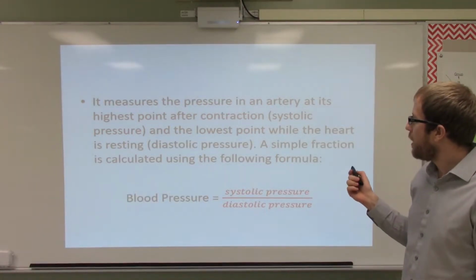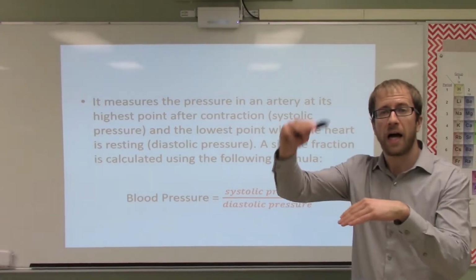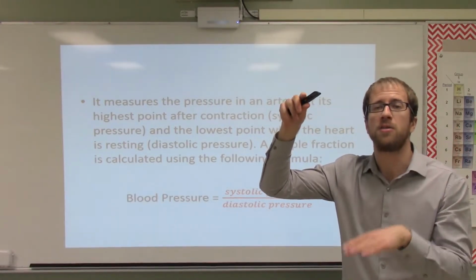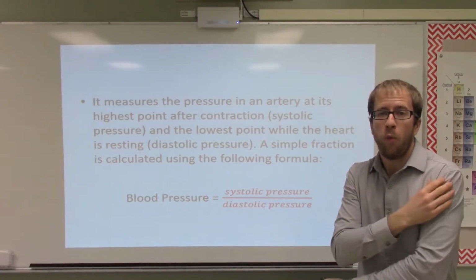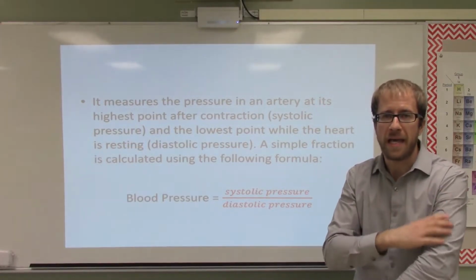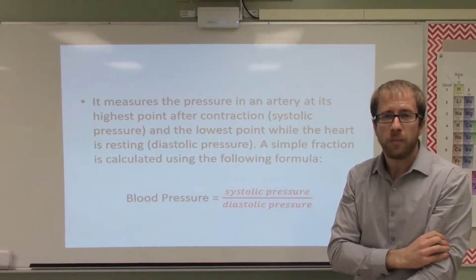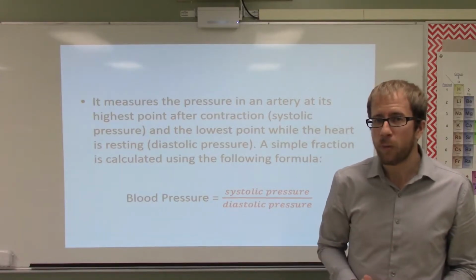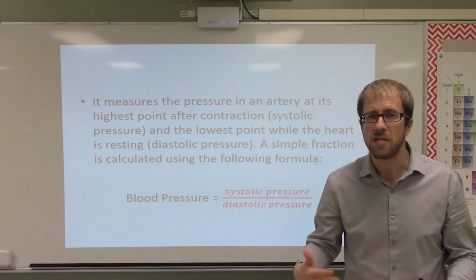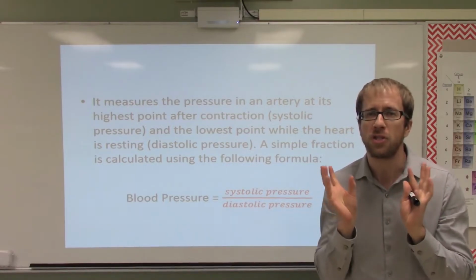Now, it measures the highest point in pressure and the lowest point in pressure. So it measures the pressure when that wave of contraction from your heart gets to the cuff, and then it measures the pressure right before your heart beats again, right? Because that's where pressure is going to be the lowest in your system, right before those ventricles contract again.